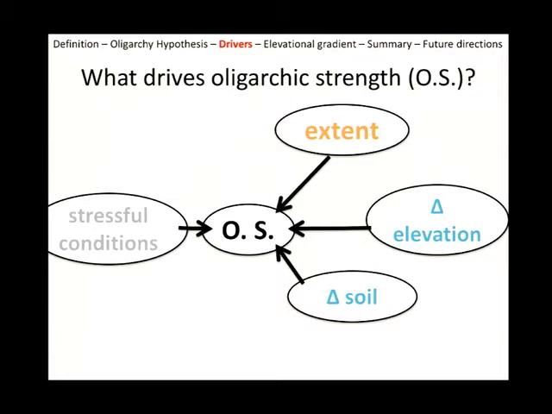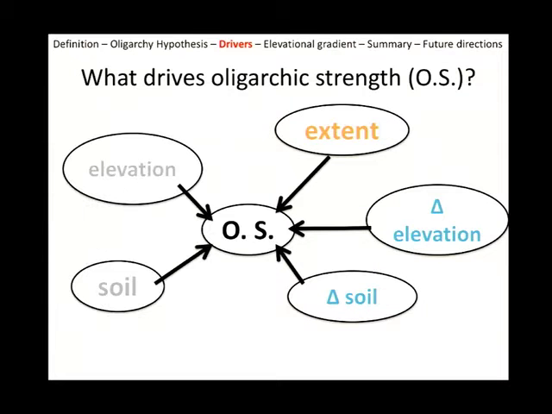In our case, we expected stronger oligarchic patterns at higher elevations where the thermic conditions are more stressful. And we expected also stronger oligarchic patterns in more stressful soil conditions like hydromorphic soils, nutrient poor soils, or highly acidic soils, etc.